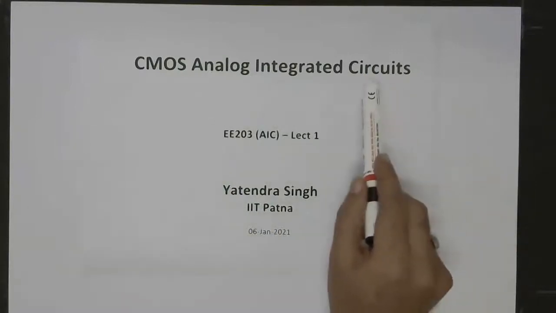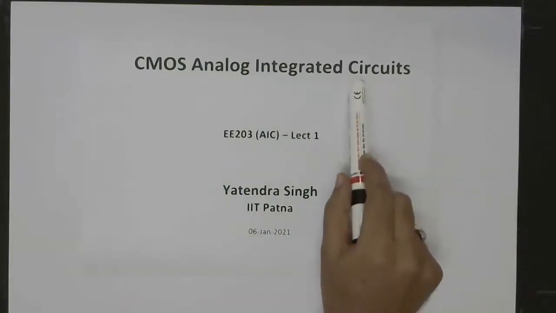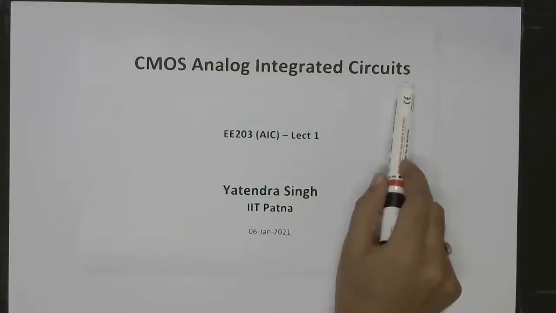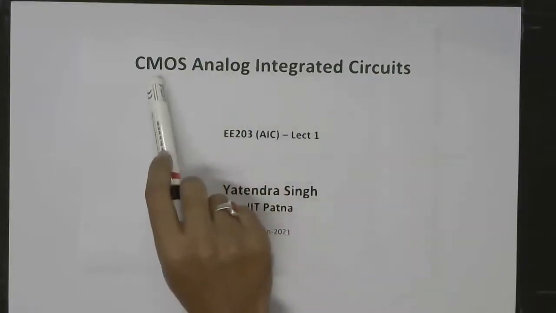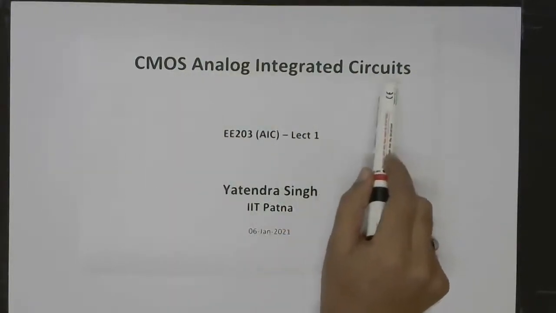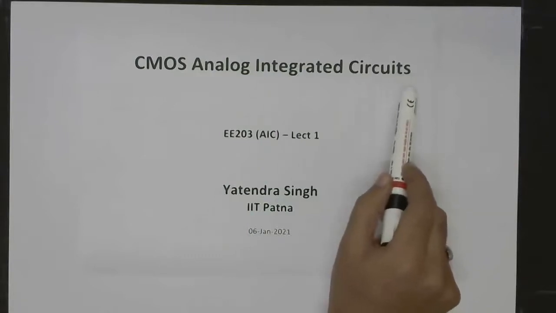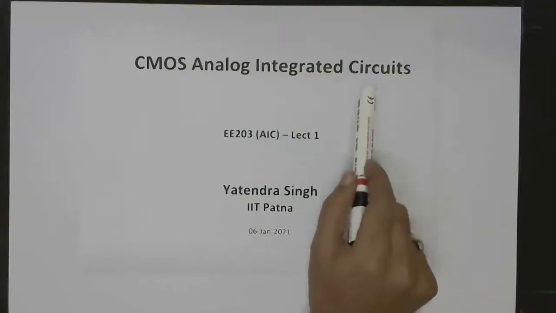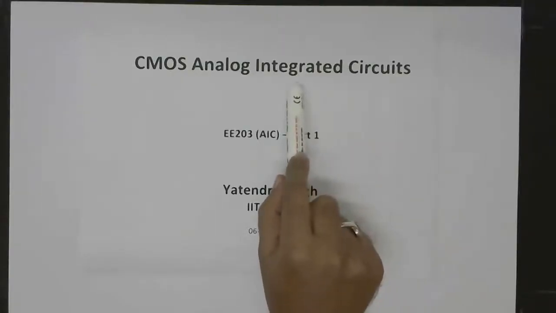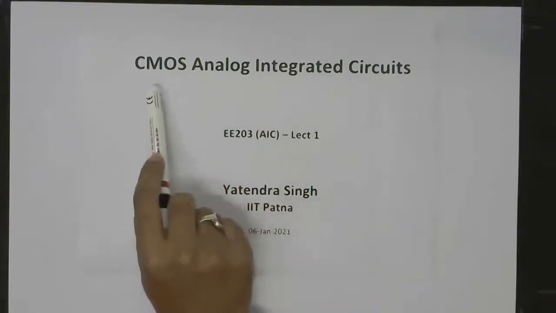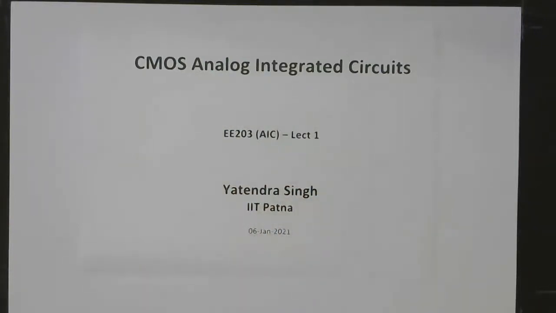Fundamentally, the most important word is circuits, and integrated, analog, and CMOS are qualifying. That means they are telling more about the circuits. So we'll see what are circuits, and then what are integrated circuits, and then why analog, and then what is the meaning of CMOS, and what are other possibilities.